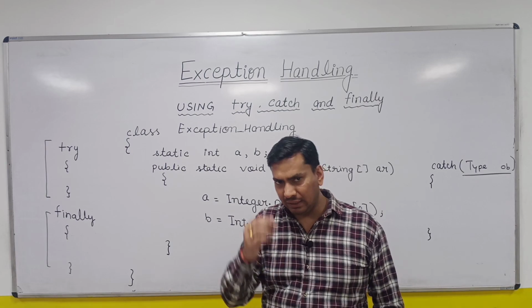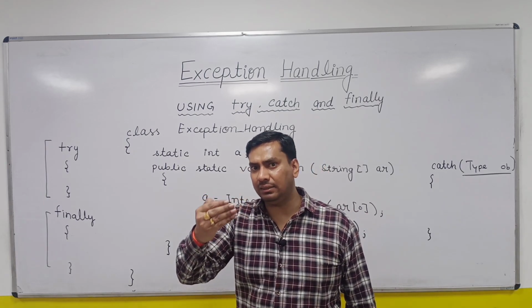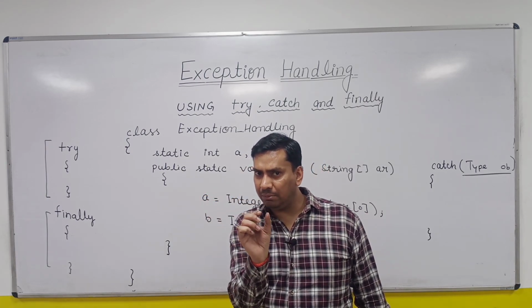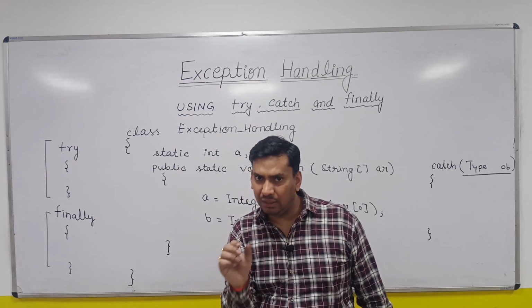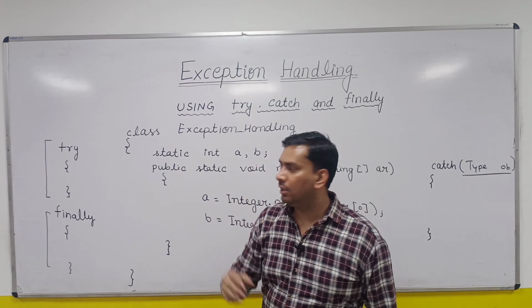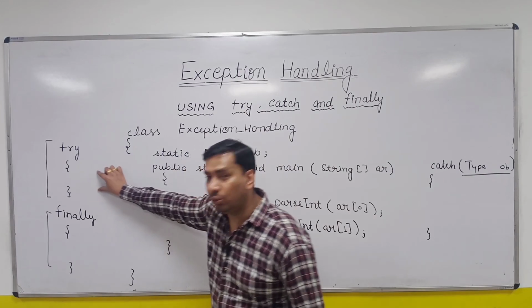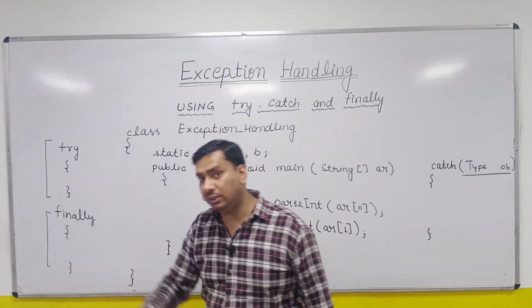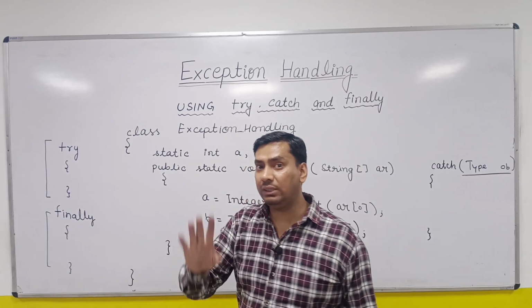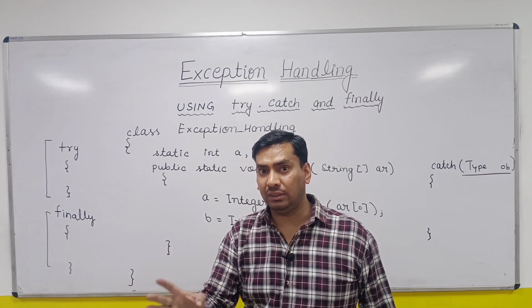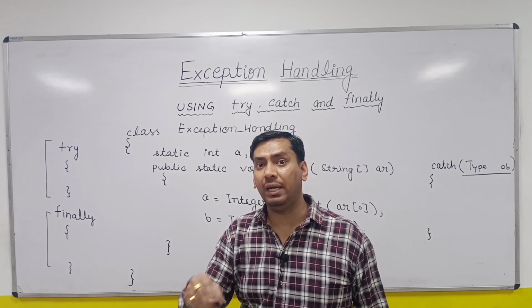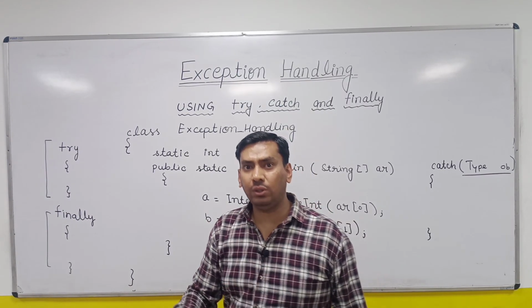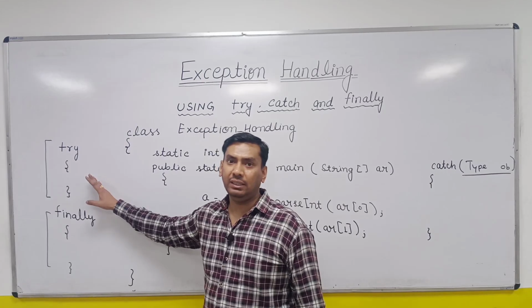If you feel that a particular statement or a certain set of statements may result in some exception, you write only those statements here. Please mind it, you have to write only those statements in the try block which are suspicious, in which an exception may occur. Other code should not be written here.